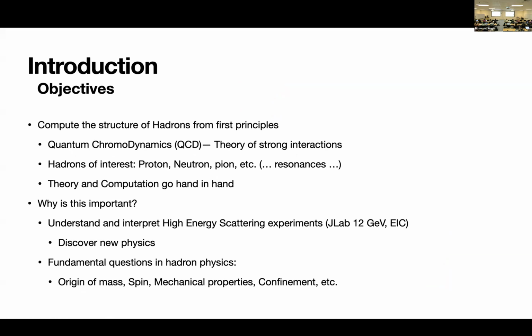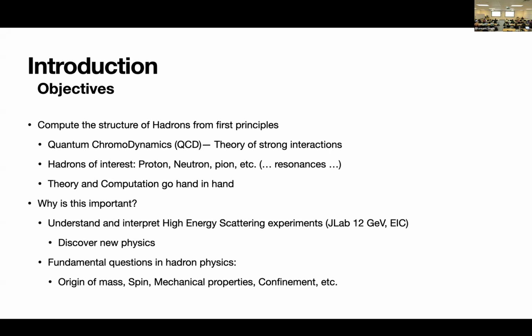So again, what we try to do in lattice QCD is to compute the structure of hadrons from first principles using the underlying theory of quantum chromodynamics. And why is this important? It is important in many ways, but if you want to understand high energy scattering, you have experiments like the ones that happen at Jefferson Lab or at the future EIC.